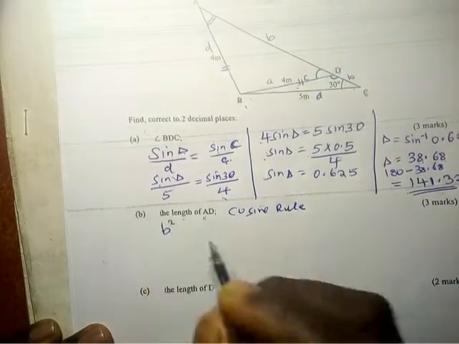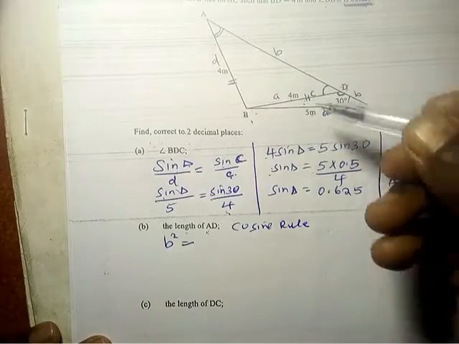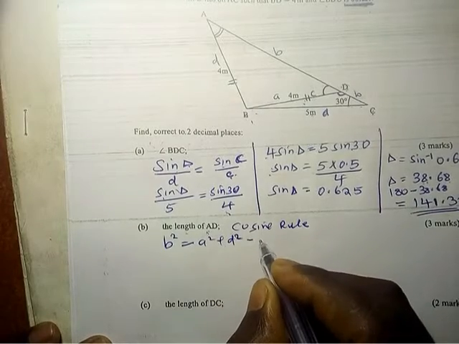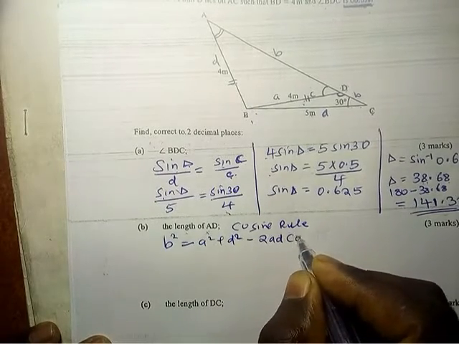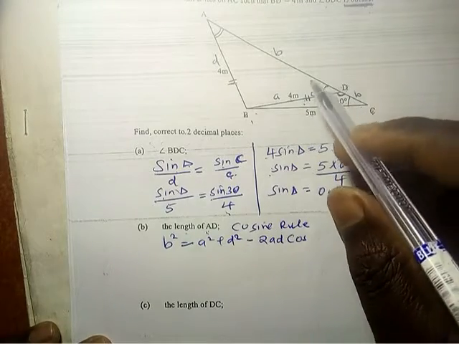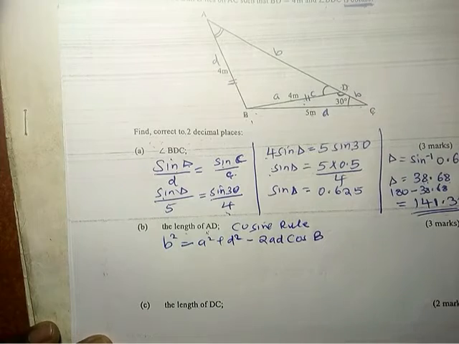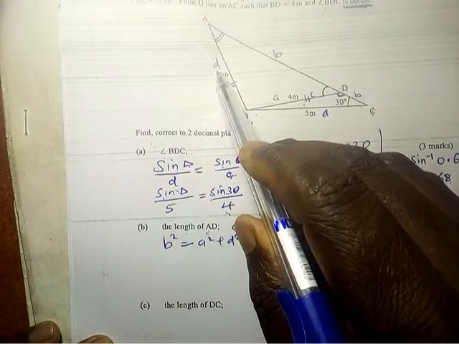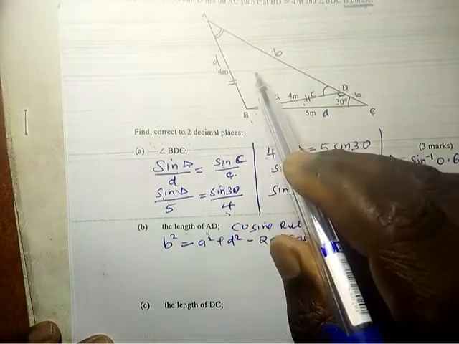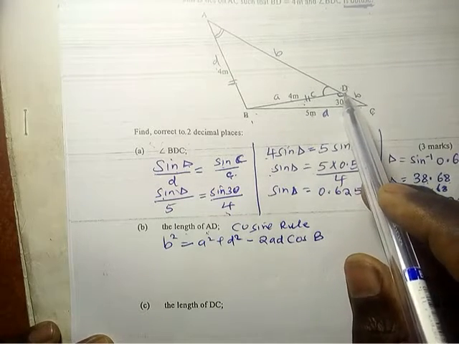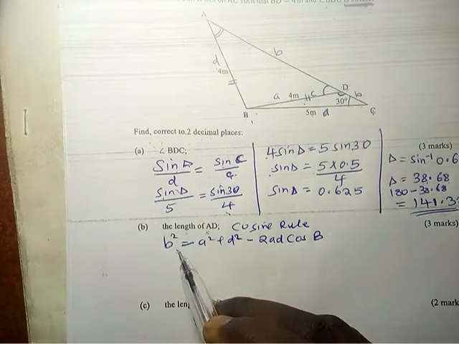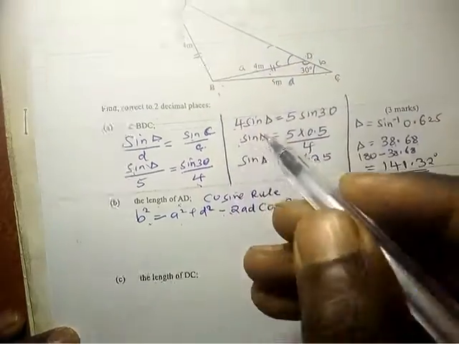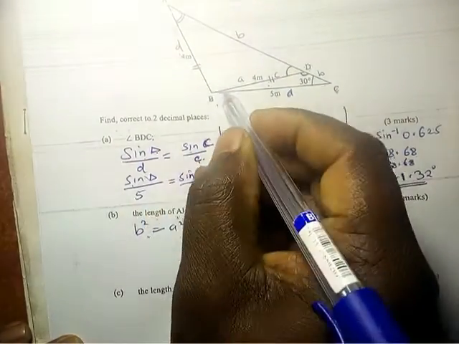So B square, because that is AD, will be equal to A square plus D square minus 2AD cos B. But now we need to obtain the angle of B, angle ABD, this angle here.